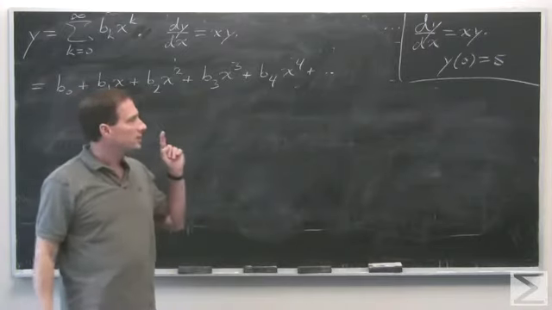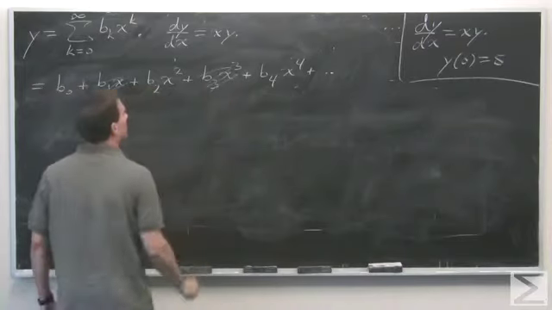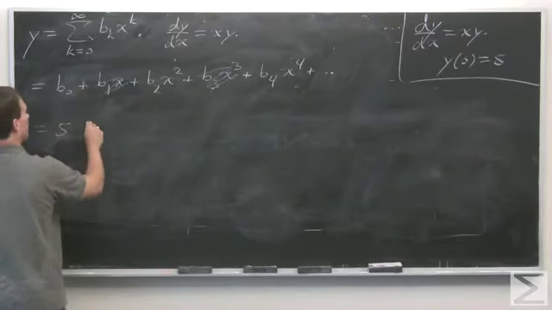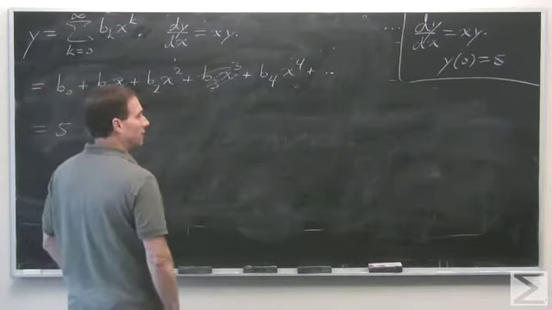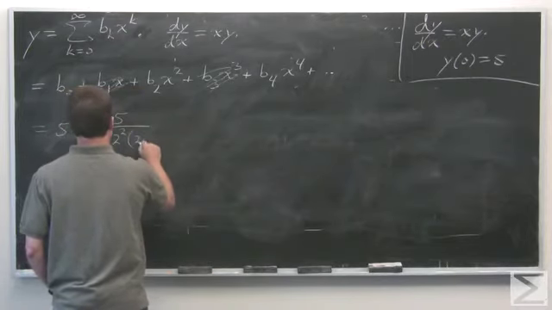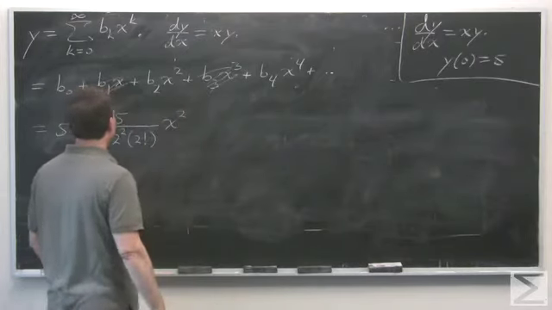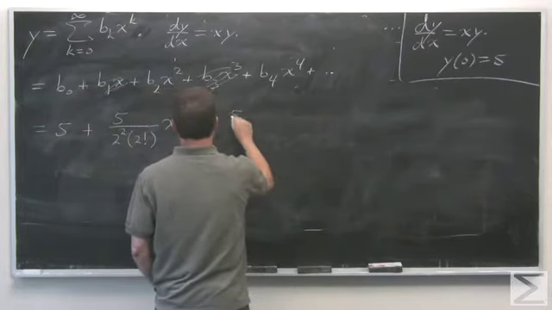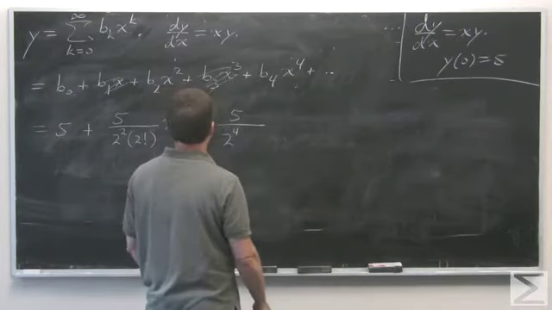But what we found is that all of the odd terms are 0. So this one's not here, this one's not here. And then the even ones go: there's a 5, and then there's 5 over 2 squared times 2 factorial times x squared.